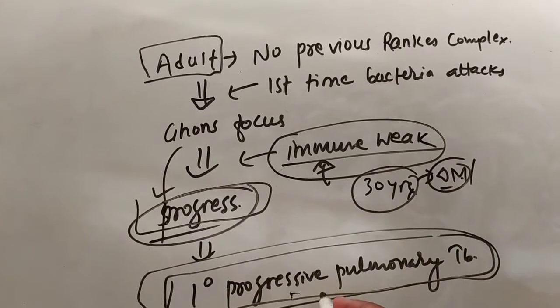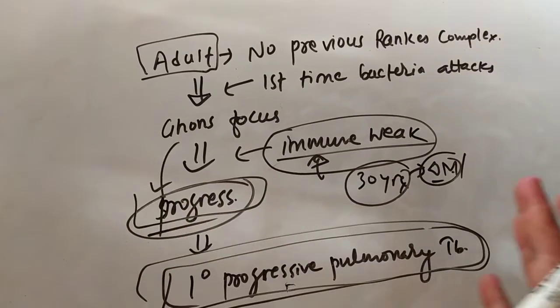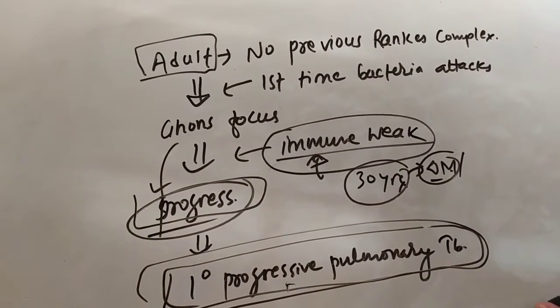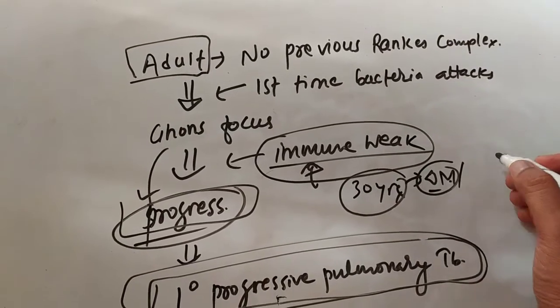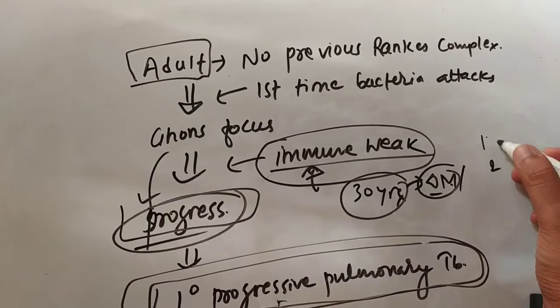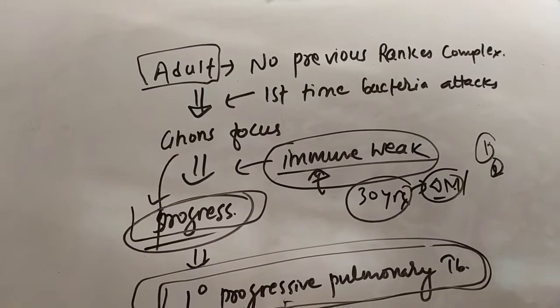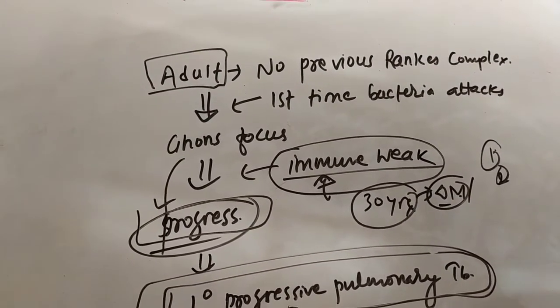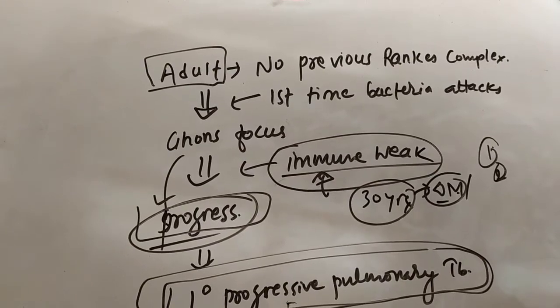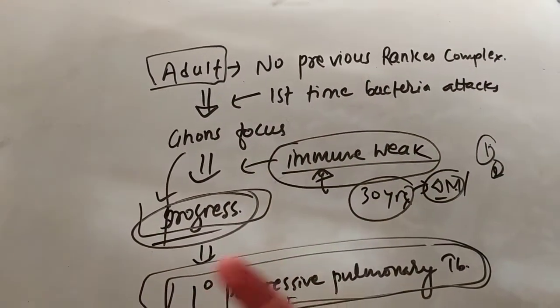There will be no Ranke complex formation, and ultimately the disease will go into dissemination. So simply, either in primary progressive or in secondary TB, there will be dissemination of the tuberculosis. Let's see what happens when the disease disseminates, and what condition will occur. Let's see this.